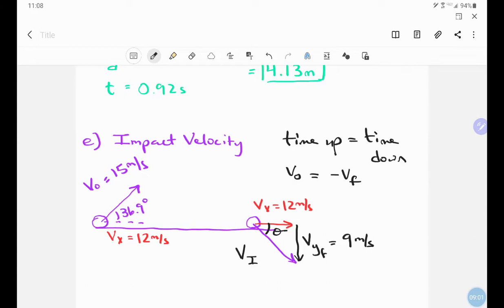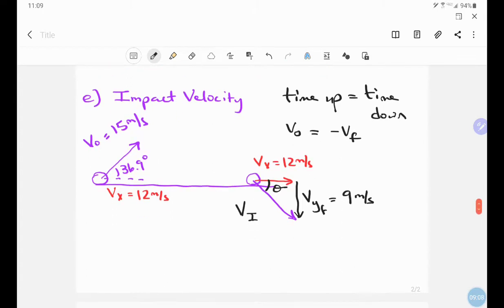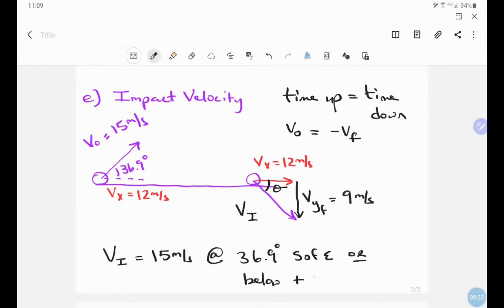This is theta. I have the same triangle that I began with. The only difference is it's oriented below the horizontal rather than above. So I can write my impact velocity as 15 meters per second. That would be found by doing Pythagorean theorem at an angle of 36.9 degrees south of east, or you could say below positive x-axis as well.